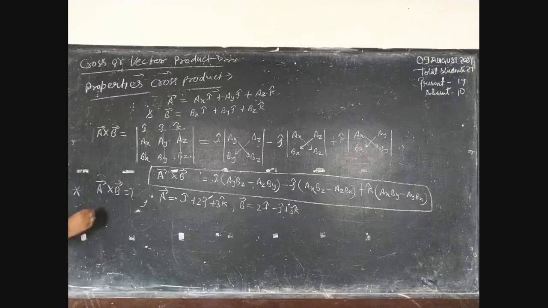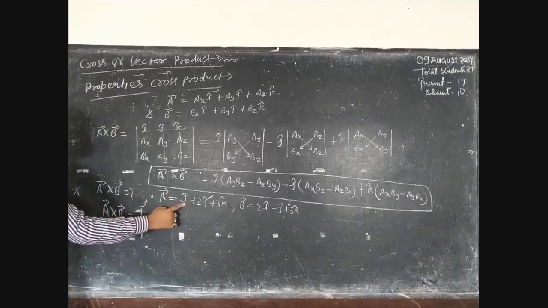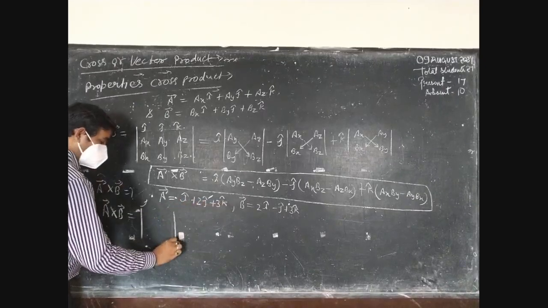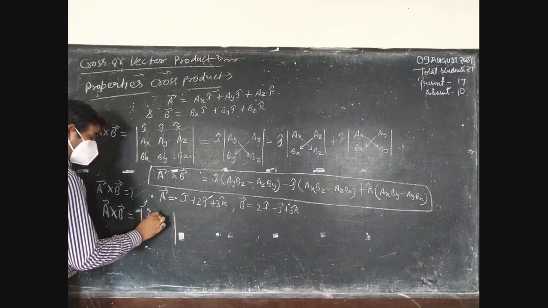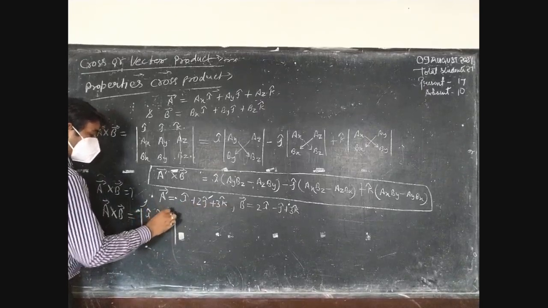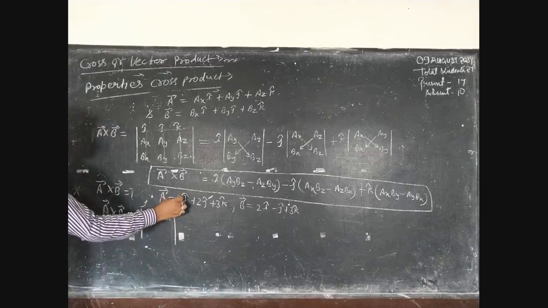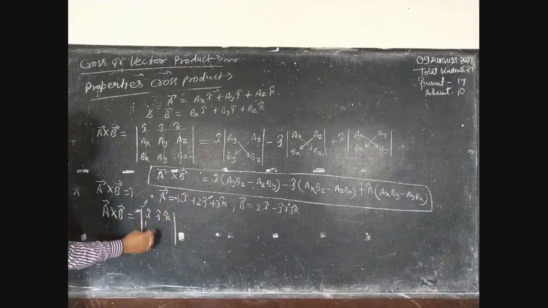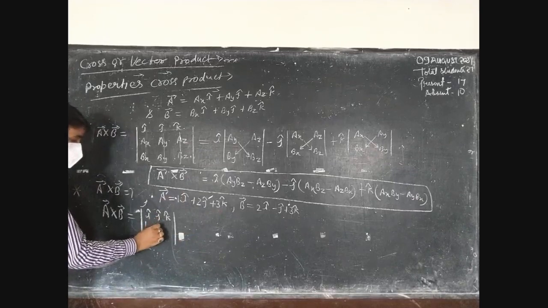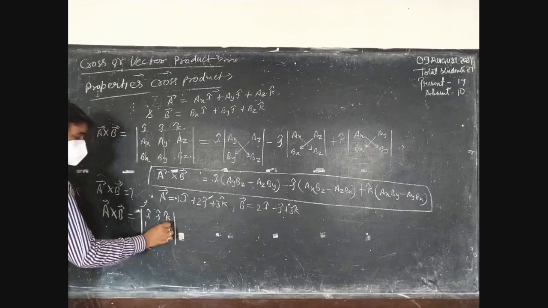How will you do it? So A cross vector B equals, put the value of each vector in the determinant: I cap, j cap and k cap. Now the coefficient of each: in I cap, here the coefficient is 1, j cap is 2 and k cap is 3.